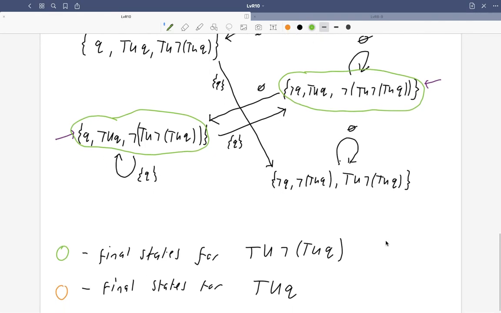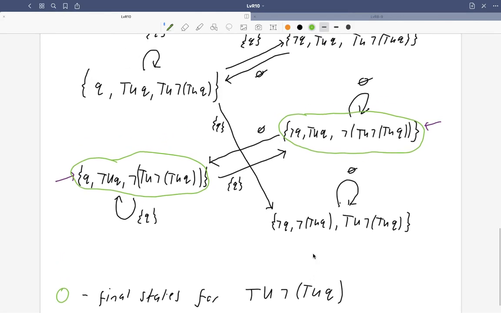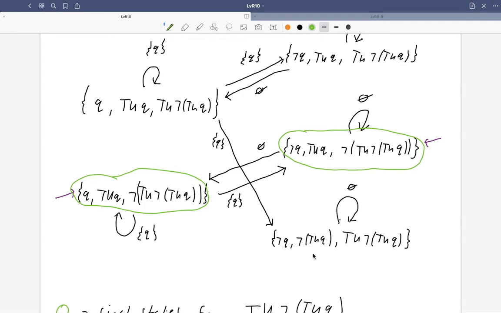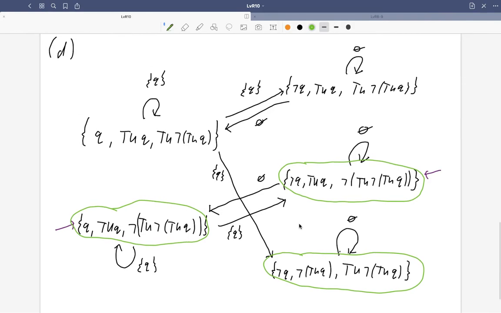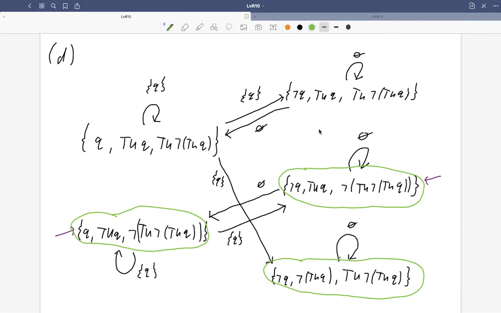And also any state that contains the psi prime, so that's not true until Q here. So also this state is a green state because it contains not true until Q. And neither of these are, because they don't contain either of those two formulas.